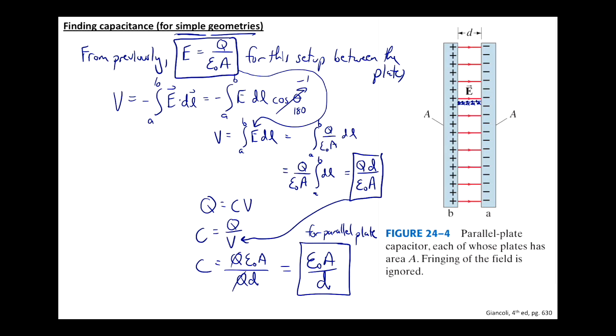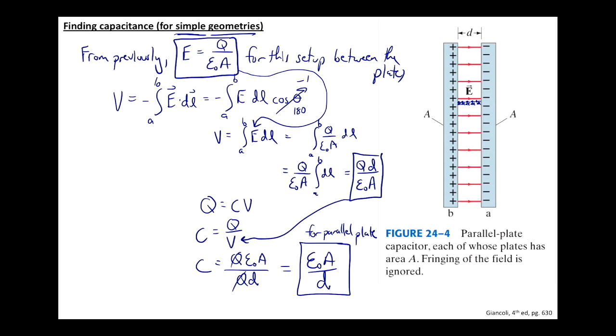Area is the area of the plates. Notice if the area goes up, if the plates are bigger, so does capacitance. I think that just makes sense. It's almost like if the other classroom is larger, it can store more students. More space, more charge. Also notice that d is in the denominator. If d goes down, the capacitance goes up.